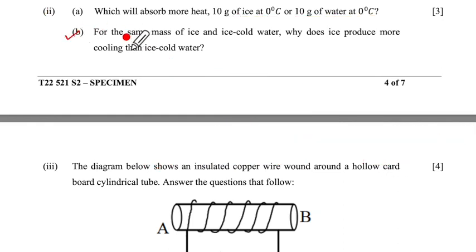B part. For the same mass of ice, that means your 10 grams of ice, and ice cold water means water at 0 degrees C. Why does ice produce more cooling than ice cold water? Now more cooling will be because ice is going to absorb 3360 joules of energy more.